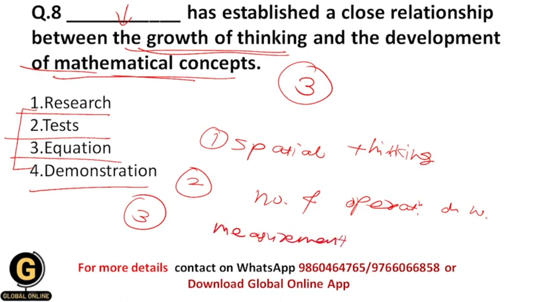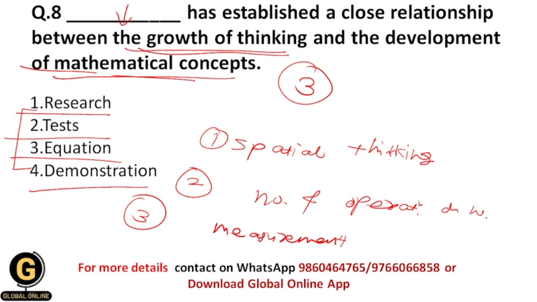So basically students, the children go from primary school towards higher secondary schools. As they grow, their mathematical concepts also grow.